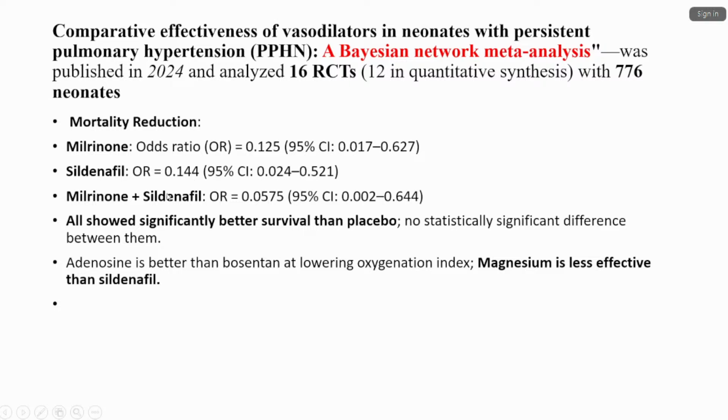If we used milrinone plus sildenafil, then odds ratio was 0.05. All studies showed significant and better survival than placebo. And in case of magnesium, magnesium is less effective than sildenafil. This study was published in 2024, and this was the meta-analysis which included 16 RCTs.